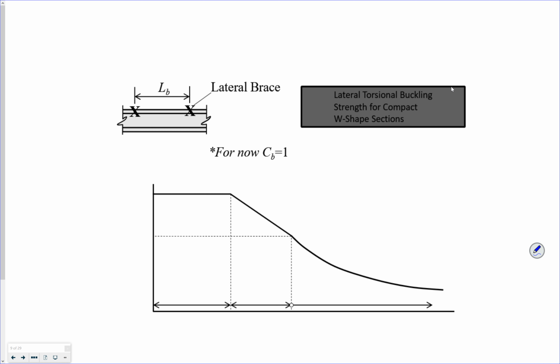Earlier when we talked about lateral torsional buckling, we talked about how, let's figure out what this diagram is. This is our braced length, and this is my nominal moment. This right here is my limiting moment, my plastic moment.